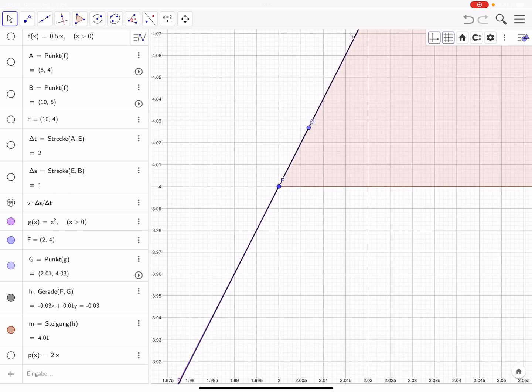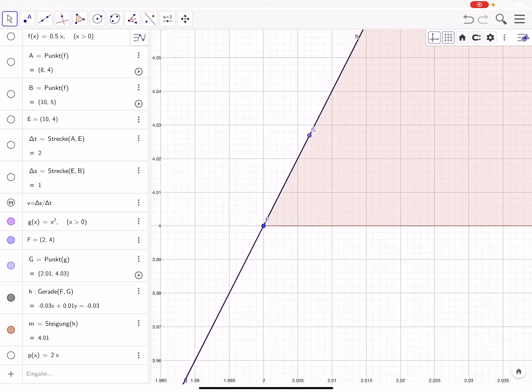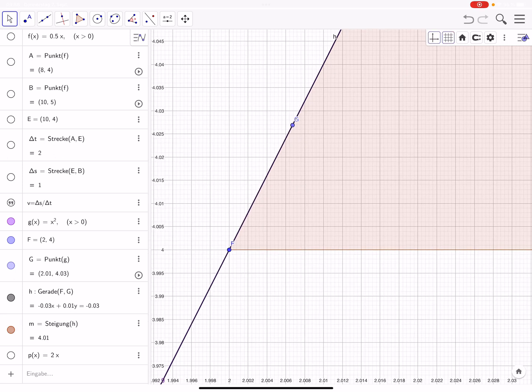But the important thing is, now we see that we can't even see any difference between the black straight line and the purple graph. So we look at the slope again, and it says it's 4.01.